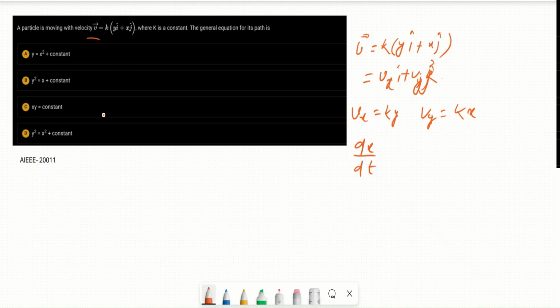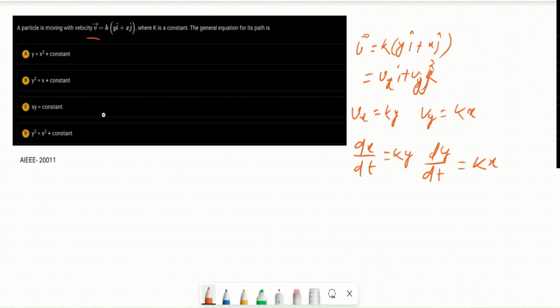Change in displacement in x direction with respect to time. So that is a variable which is dependent on ky, right? And similarly, what is Vy? dy by dt, change in displacement in y direction with respect to time, and that is equal to kx, correct?